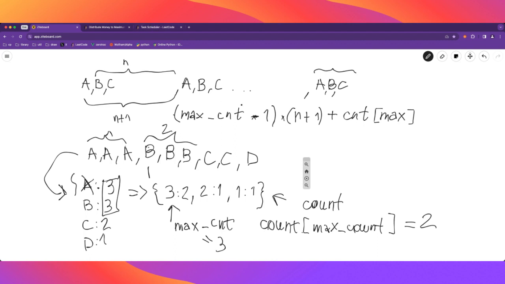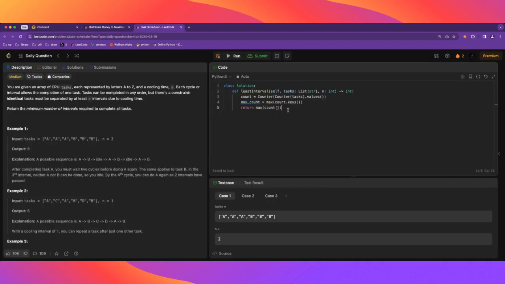Okay, so going back to this formula, we said we wanted to multiply by n plus 1 because those are the sizes of the groups.